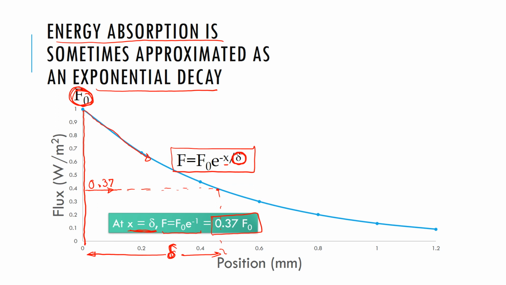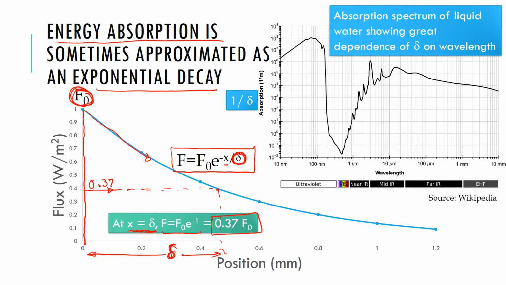And what do I mean by a particular type? This delta is very much a function of the wavelength that we are using. Here we have the absorption spectrum of liquid water, which makes up much of the biomaterial.